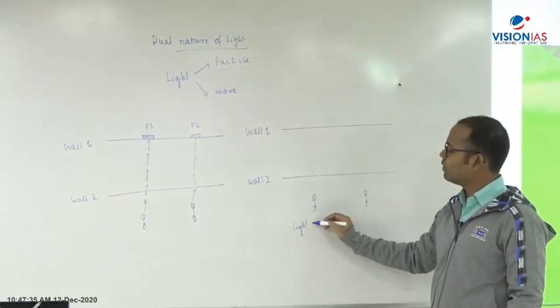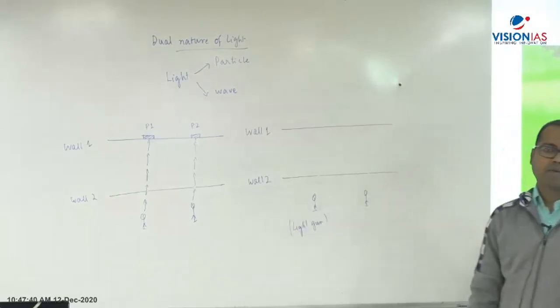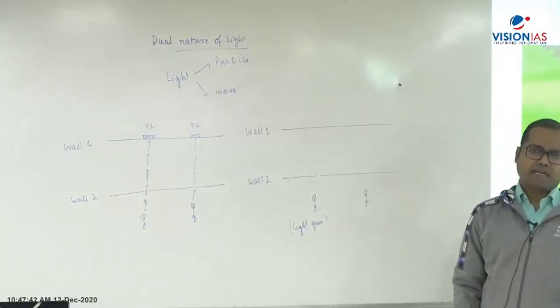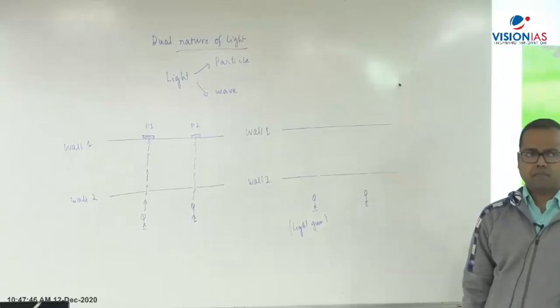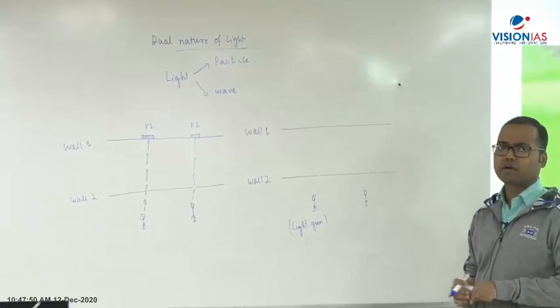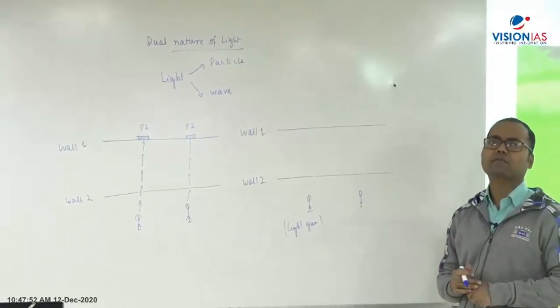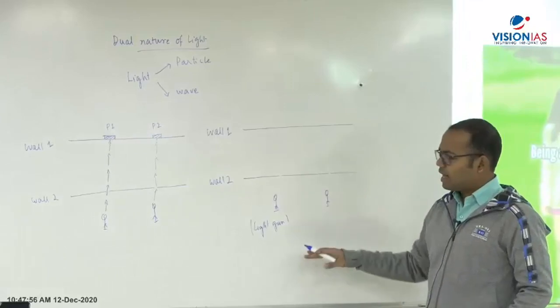Here it was a gun, here we are giving a light gun. Okay. Light may be monochromatic light. Monochromatic light means only one colored light. Okay, but you can understand a light gun. Those who know this, keep it with you. Monochromatic light means only one shade of light is taken. So the light gun is there.